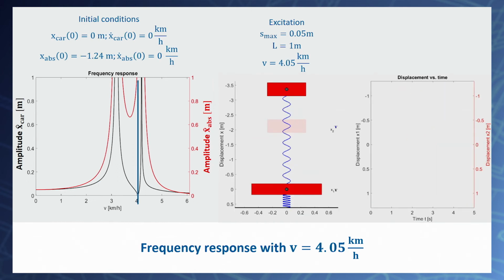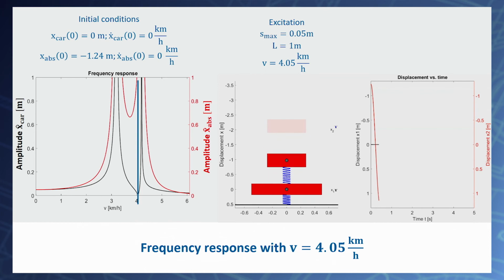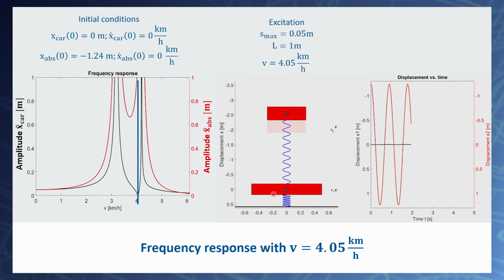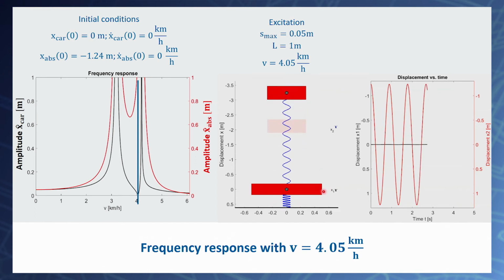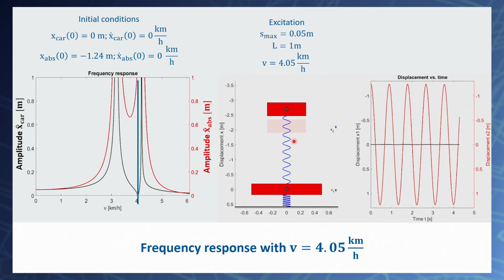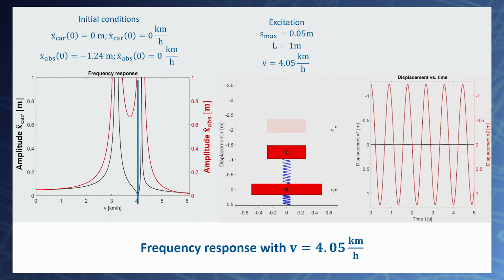Now we can go to exactly the absorption point, which is close to 4 kilometers per hour. And now we can really see from the simulation that the mass of the car body remains stationary. It's just the absorber mass that is vibrating. So this is exactly the absorption point, meaning that we are now able to more or less completely reduce the vibration of the car body to 0.